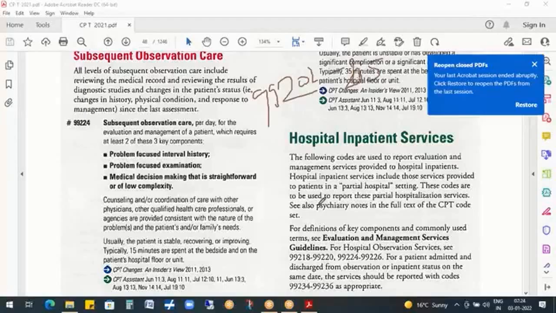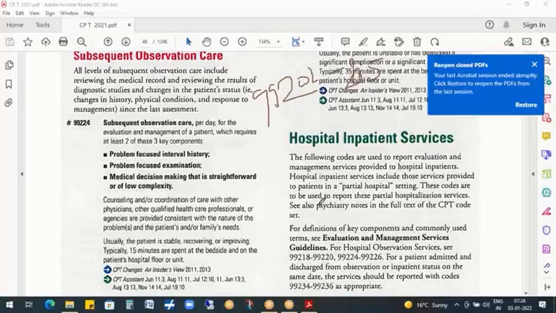Emergency department or emergency room: 99281 to 99285. 99281 to 99285.